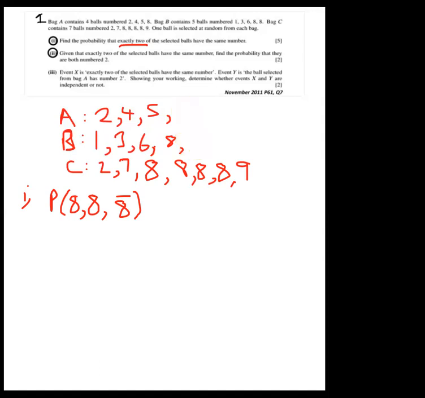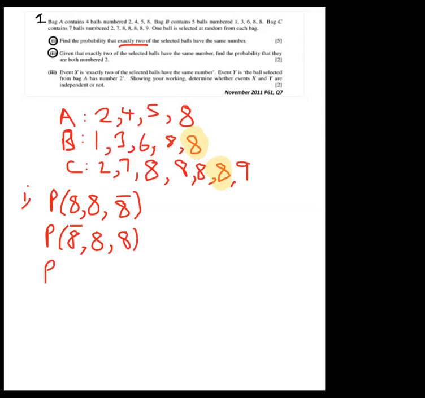The second case can be if bag B again has number 8 and bag C has number 8 again and bag A has not 8. So bag A has not 8, bag B has 8, and bag C again has 8.